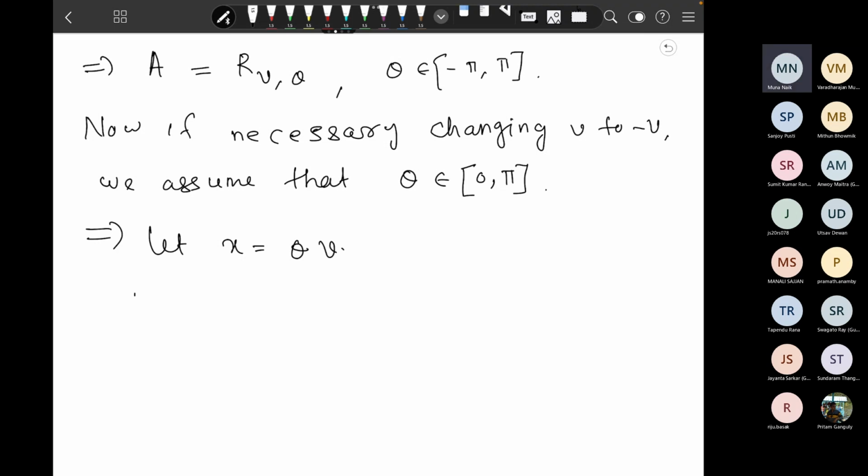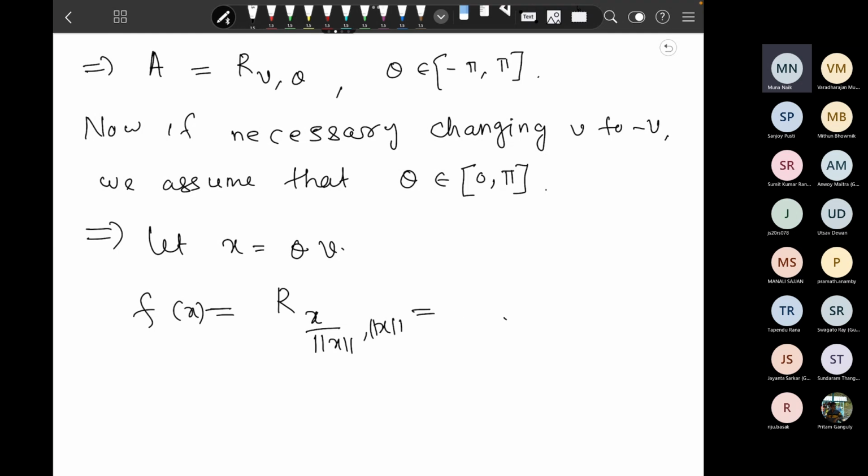Then check what f(x) is. f(x) is equal to R of x by norm x, into x. This is equal to A.